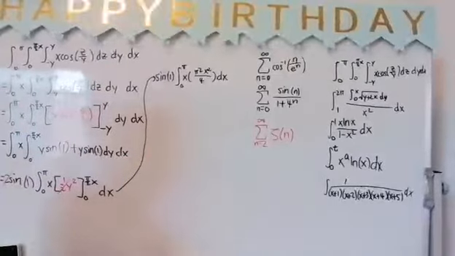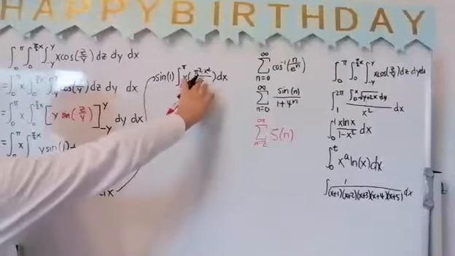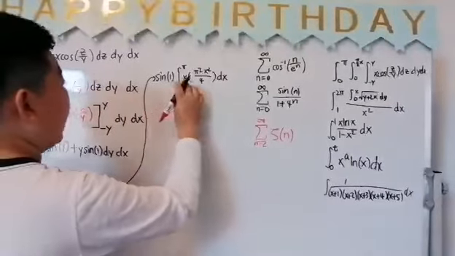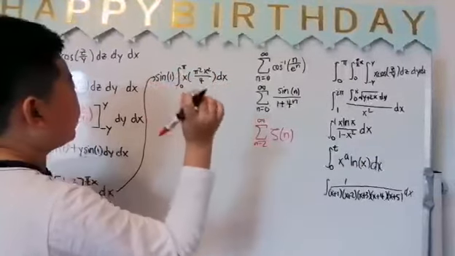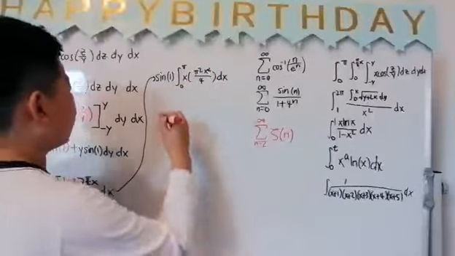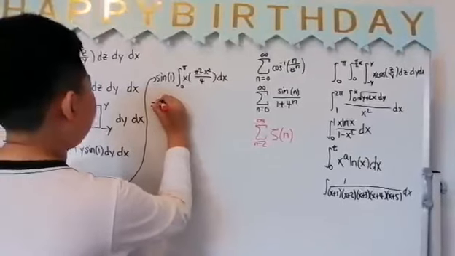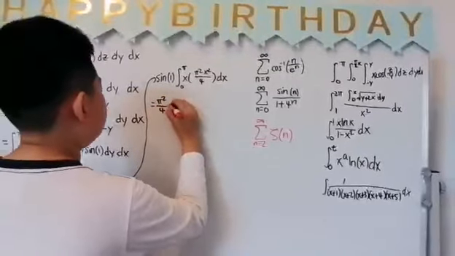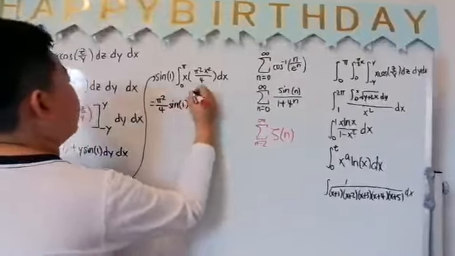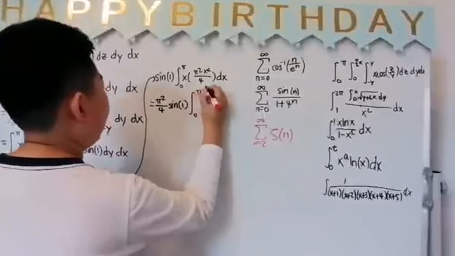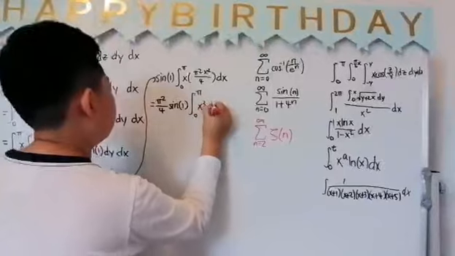And then after that, we just move these constants out, and then this becomes x cubed, and we will integrate that. We will get 1/4 x to the 4th power. So we have pi squared over 4 times the sine of 1, and then we have the integral going from 0 to pi of x cubed dx, of course.